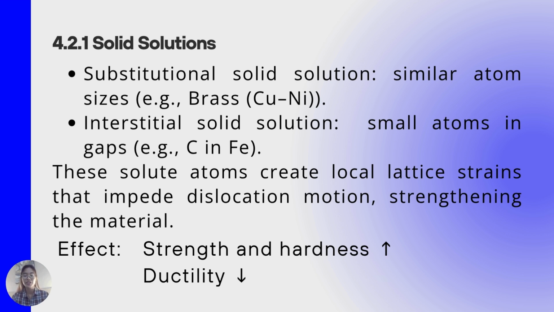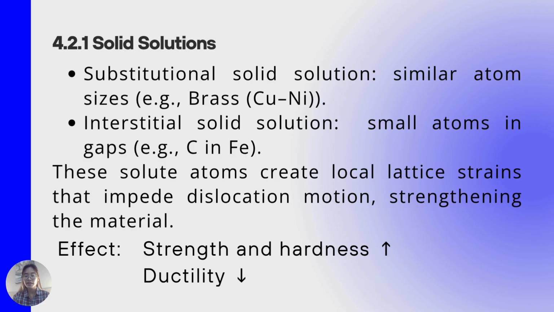Then there's the second type, interstitial solid solution, where small atoms occupy the spaces, or interstices, between larger host atoms. A classic example is carbon dissolved in iron, which gives us steel. According to the Hume-Rothery rules discussed in the textbook, substitutional solubility depends on several conditions. Atomic size difference should be less than 15%.